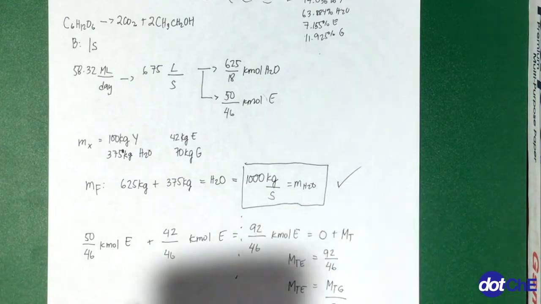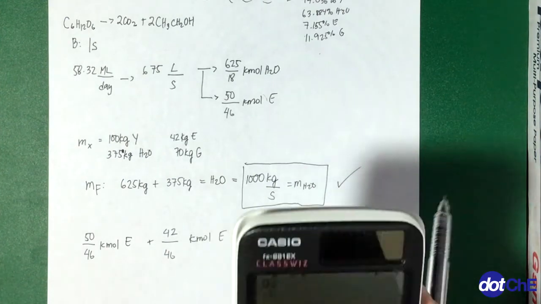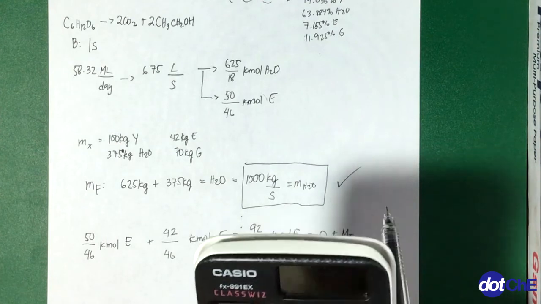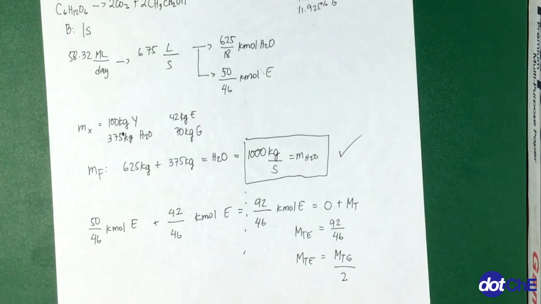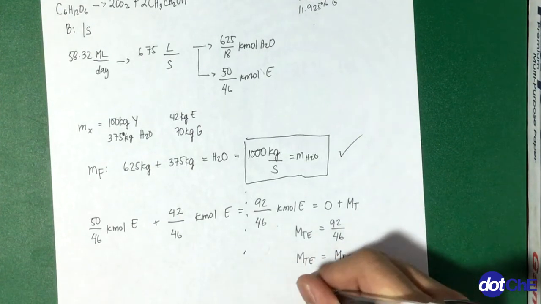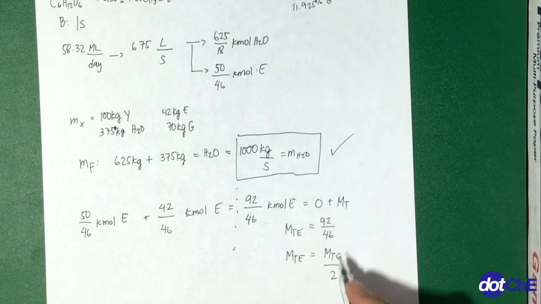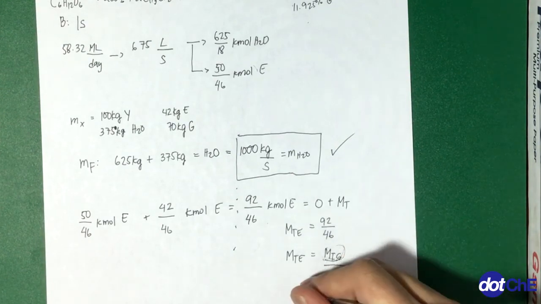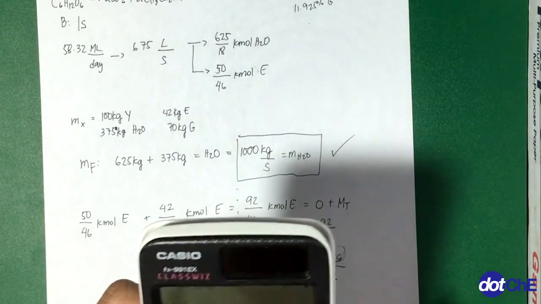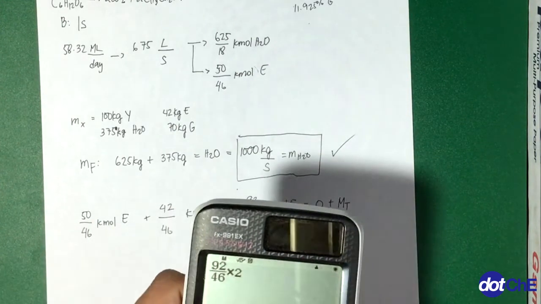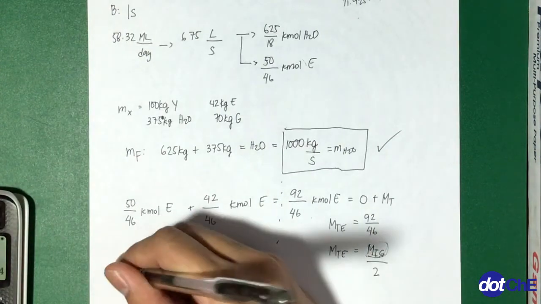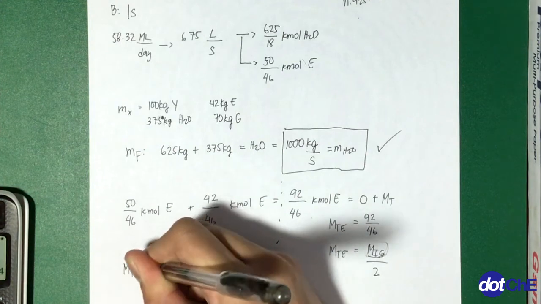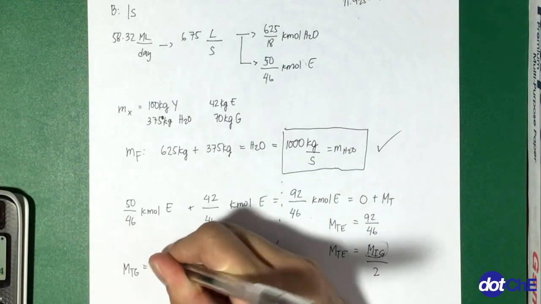So thus we get 92 divided by 46 times 2, which is 1. So our modification term for glucose is equal, sorry, this is not equal to 1. This should be times 2, which is 4. So our modification term for glucose is 4.